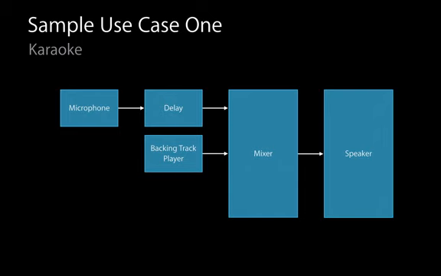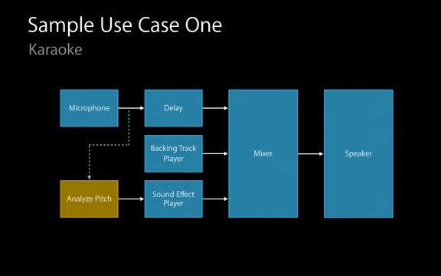This could be a speaker or headphones. Let's also say that you tap the output of the microphone and analyze that raw data to see if the user's on pitch, he's doing a great job. And if he is, play some sound effects. So this stream also gets mixed in and played out to the output hardware.